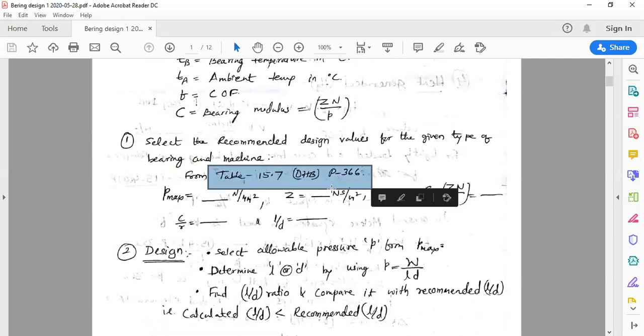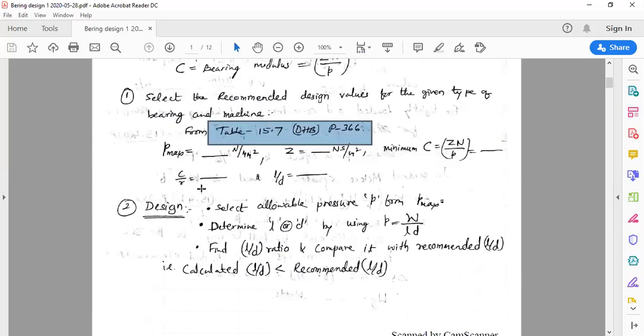There we have to refer to table number 15.7, page number 366.